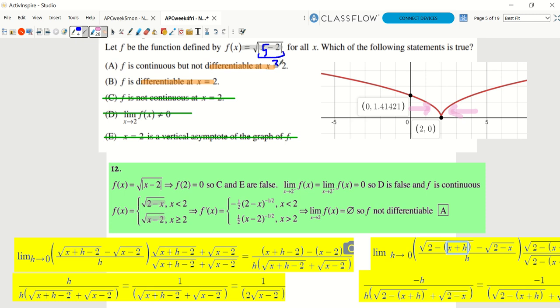So whatever positive value I pick for x, it's just going to be x minus 2. Or let me just put it this way. That was a terrible way of wording it.